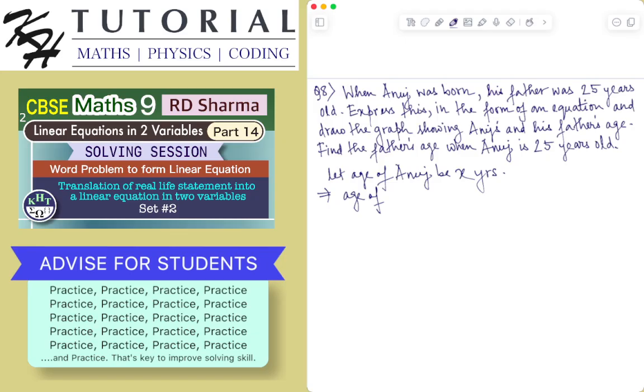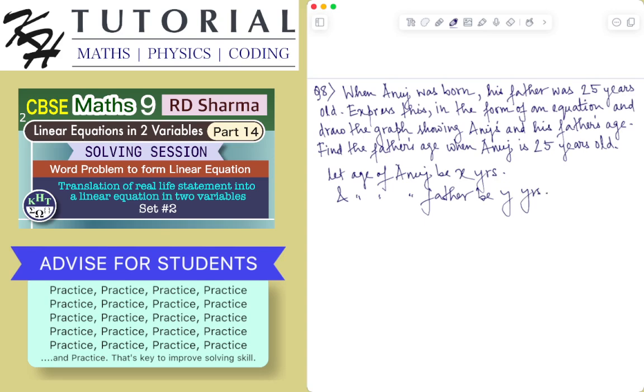So let the age of Anuj be x years, and let the age of Anuj's father be y years. At any time, let's say the age of Anuj is x years and the age of his father is y years.